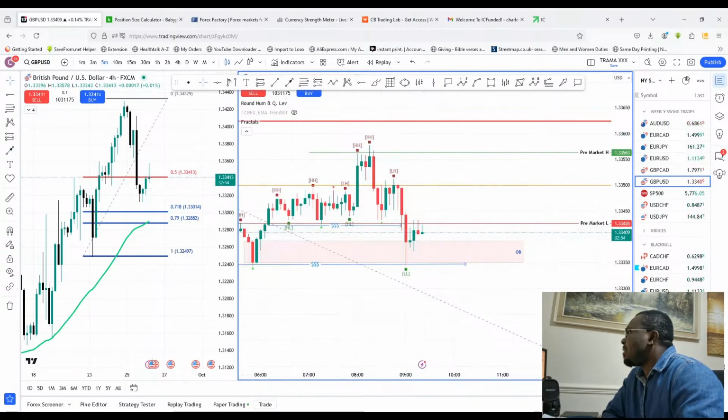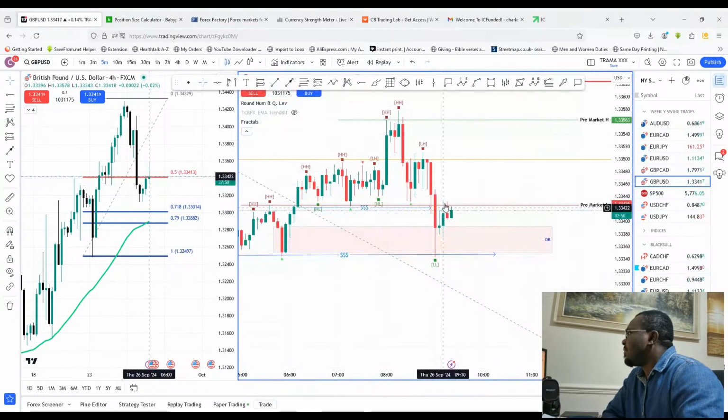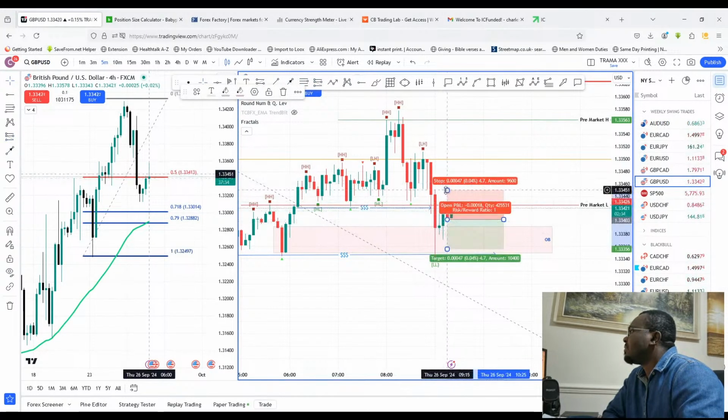And also based on our strategy, we could literally sell from here, but we need to look at what price is doing. First of all, this is a sell candle, but it's not strong enough. So the first thing we want to do is look at the short position that we can take from this level.